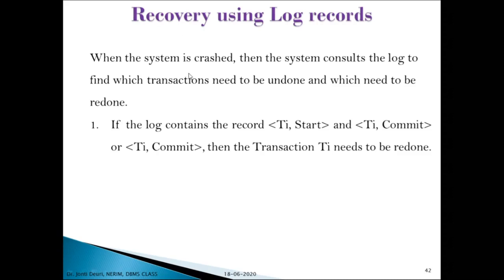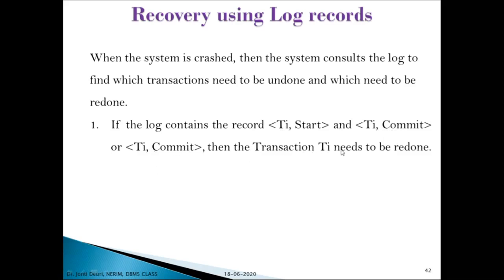Or only commit, then what will we do? See here, in our log record, say there is a start for transaction T1 or TI, and the transaction TI commit. If we get both of these, or only the commit, then what will we do?